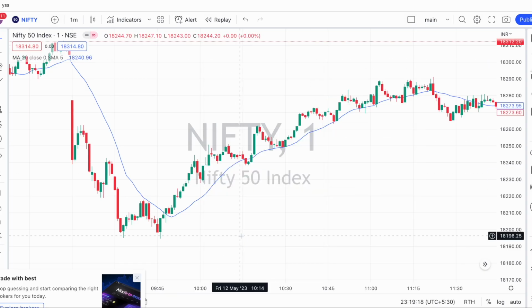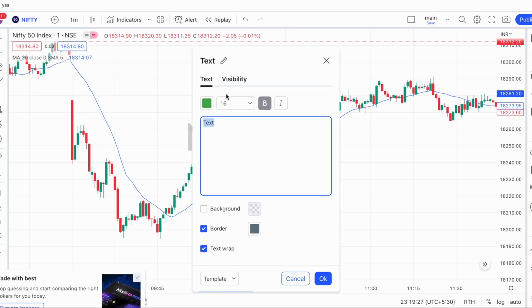Exits are not very simple, right? So exits are an art. So the first rule of exit is, if you make at least 10% of your capital, you can exit out of your positions.